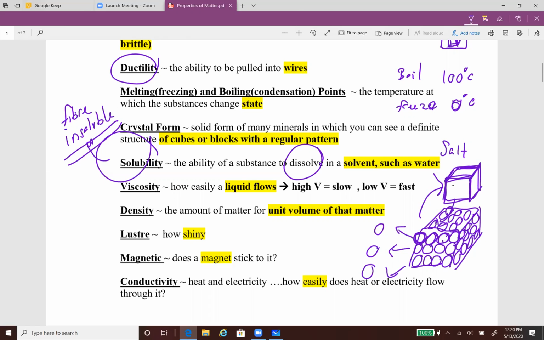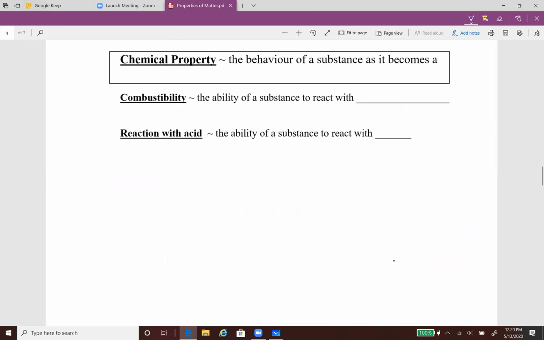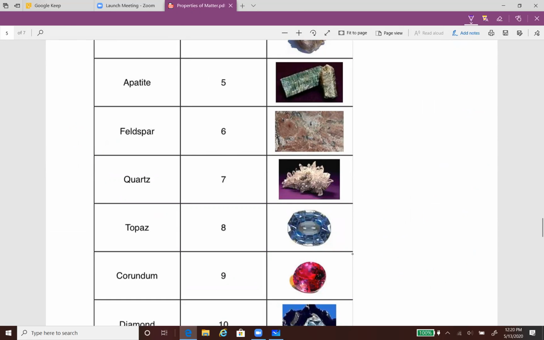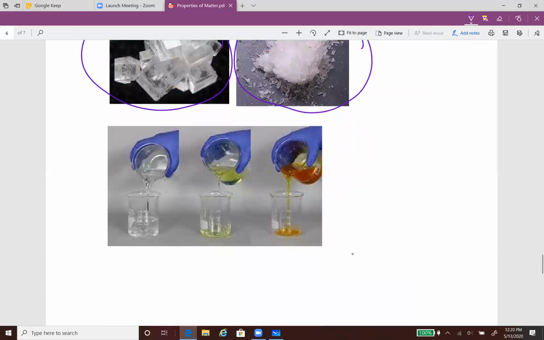The next term is viscosity. This is a description of matter in terms of how well it flows. So when you pour it, for instance, which I have a picture of. In the example here, it looks like I have water.